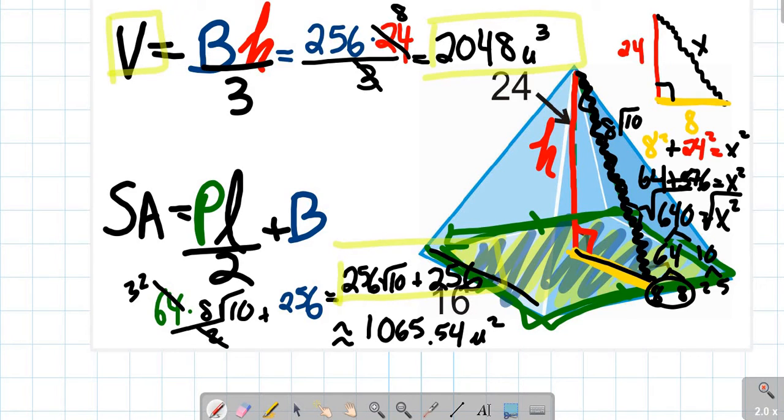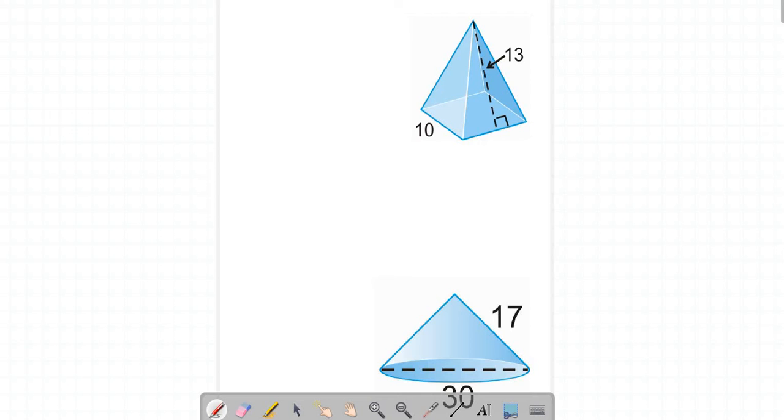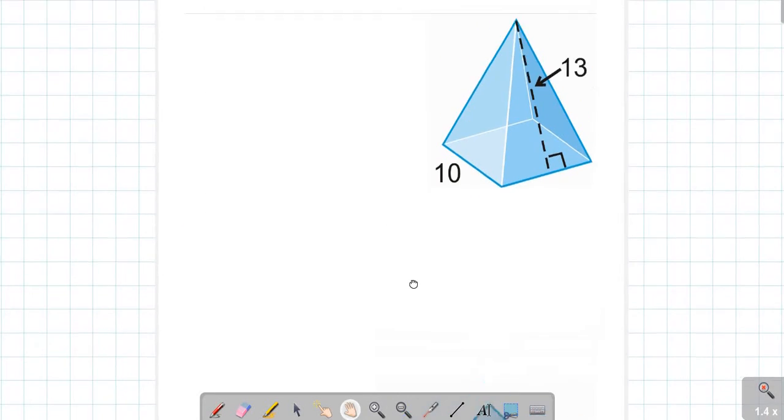You can see surface area is a bit more involved than volume. We're going to try 2 more of these because I know that's pretty involved.